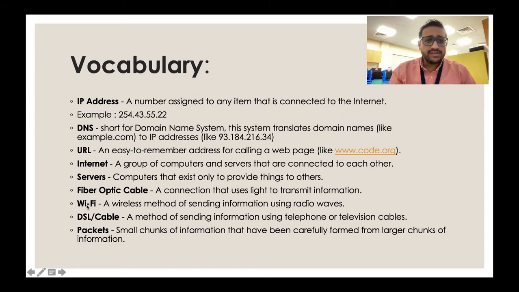Okay, we are using Wi-Fi. Wi-Fi, I know everyone knows it, is a wireless method of sending information using radio waves. DSL cable: DSL is a method of sending information using telephone or television cable.